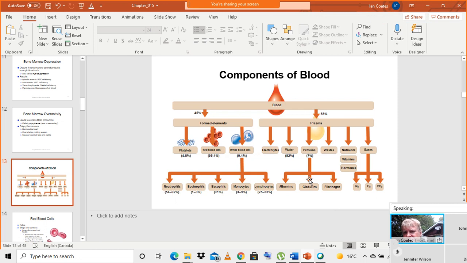Proteins dissolved in the plasma: we've talked about albumins, globulins, there's even fibrinogen as well. Then platelets, RBCs, and white blood cells. Have a look here: neutrophils, eosinophils, basophils, monocytes, and lymphocytes. These are all your WBCs.